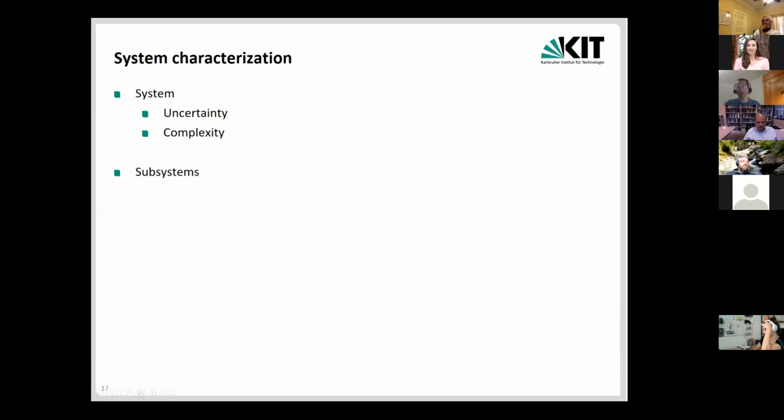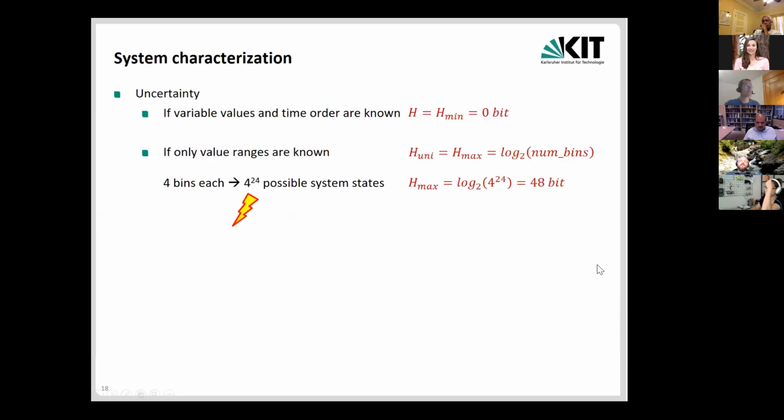When I'm not talking about subsystems, but about the system, it's always the 14-dimensional variable space. So let's start from the certain aspects. If we know each variable value and its position in time in advance, then our uncertainty, of course, is at its minimum, it's 0 bit.